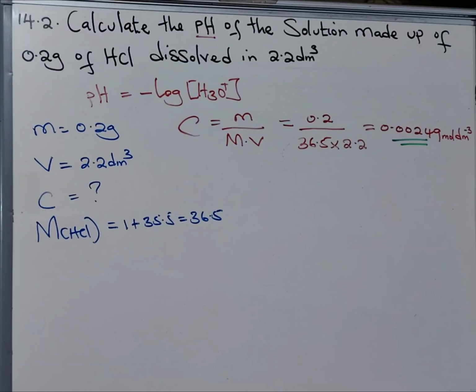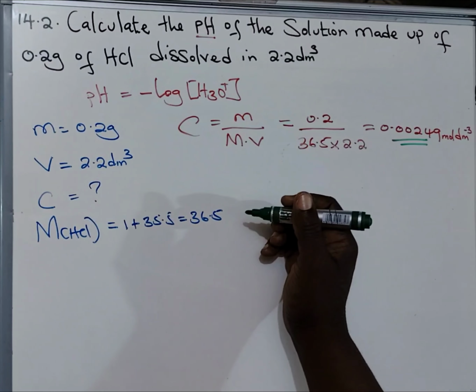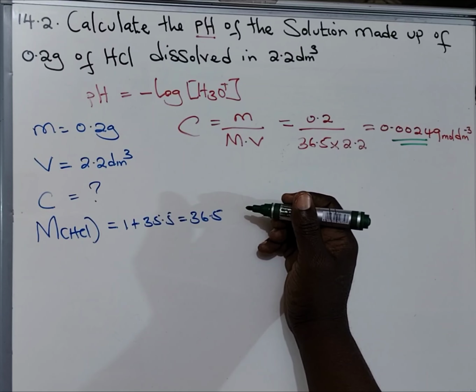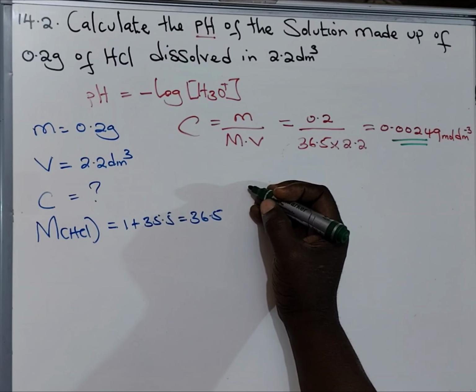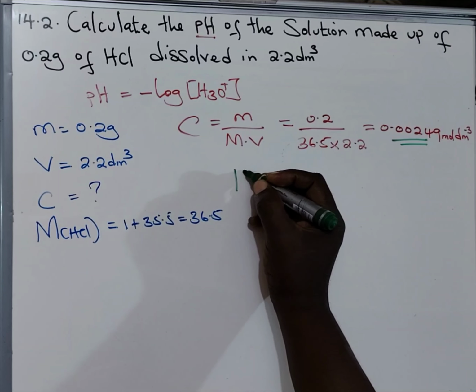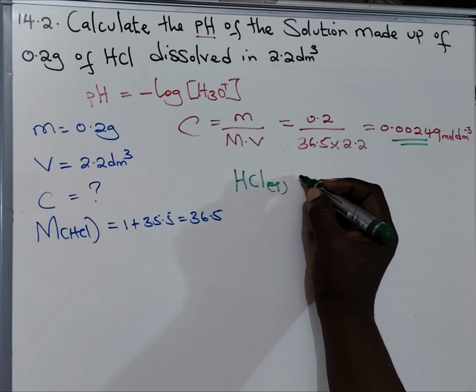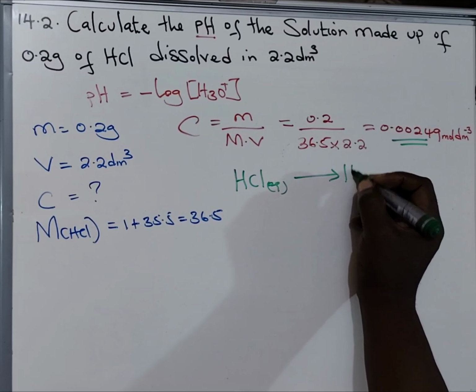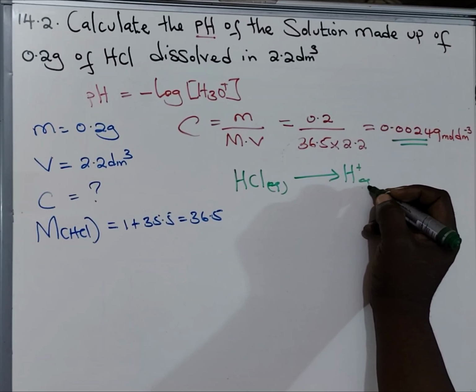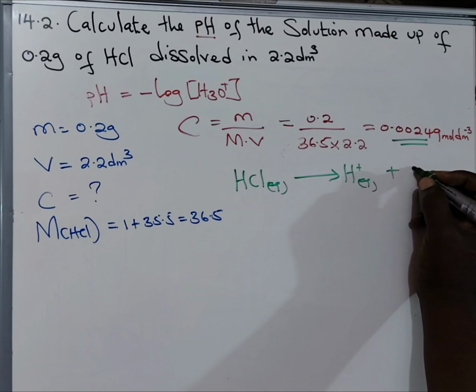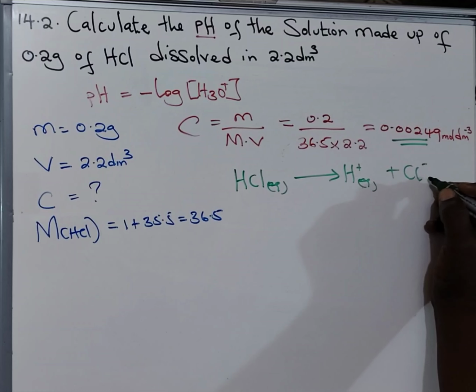So what is the next step? The next step is to look at how hydrochloric acid ionizes. We know it is HCl, aqueous. It ionizes to give you hydrogen ions, aqueous, plus chloride ions, aqueous.